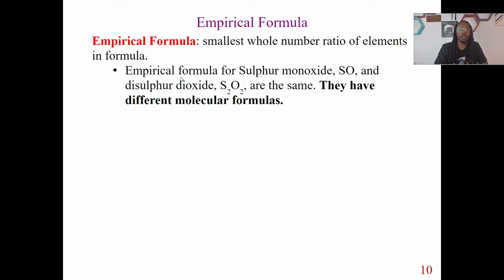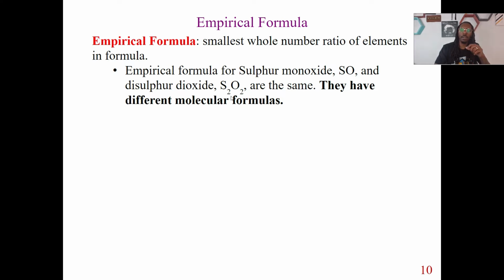I love examples. The empirical formula for sulfur monoxide, SO, and disulfur dioxide, S2O2, are the same. So remember, empirical formulas are going to be the most simple. Think of it as the simple chemical formula.